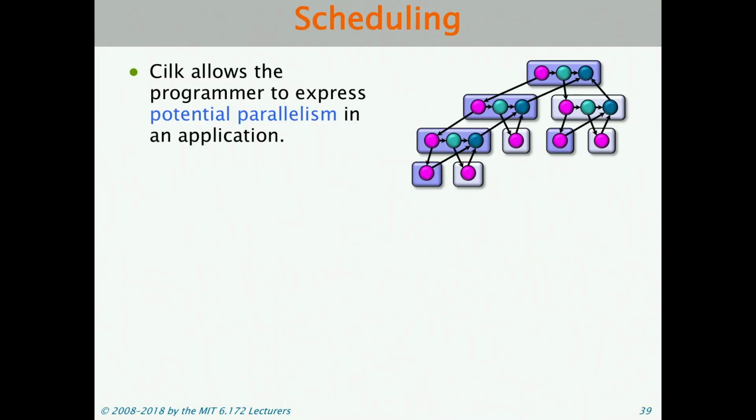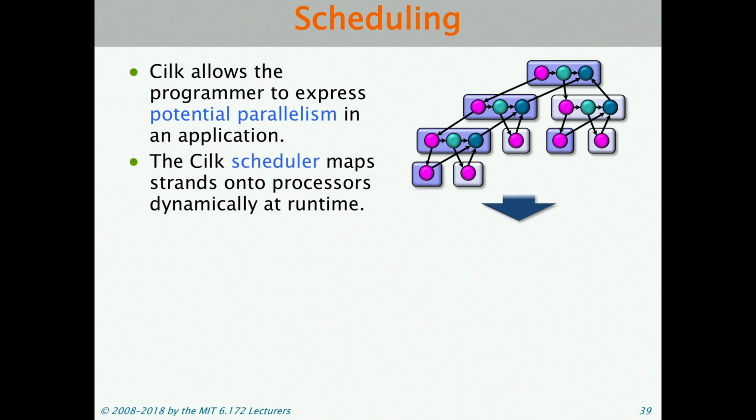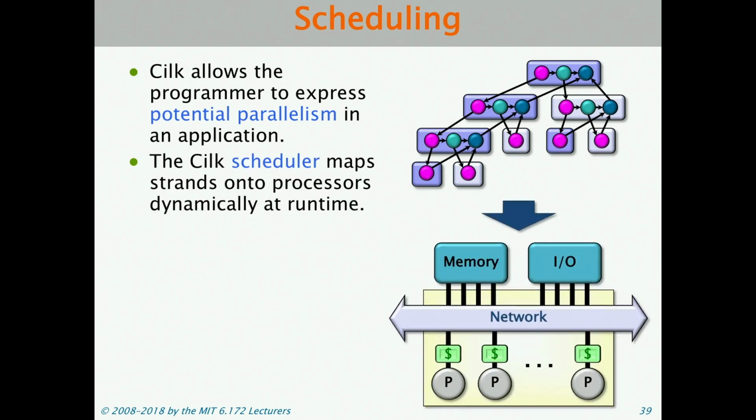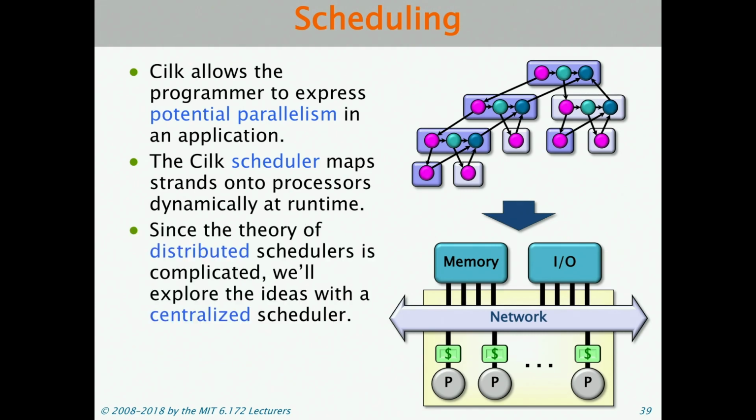As a reminder, Cilk allows the programmer to express potential parallelism in an application. And the Cilk scheduler is going to map these strands onto the processors that you have available dynamically at runtime. Cilk actually uses a distributed scheduler, but since the theory of distributed schedulers is a little bit complicated, we'll explore the ideas of scheduling first using a centralized scheduler.